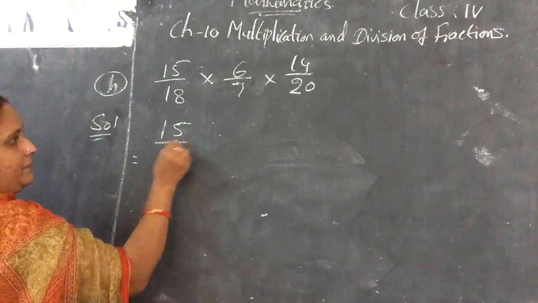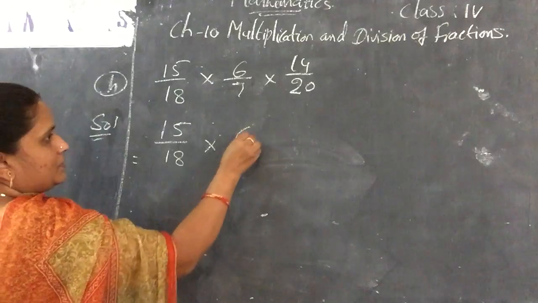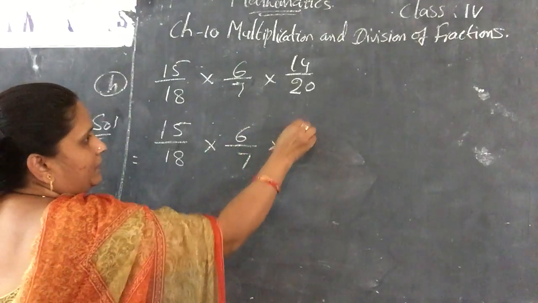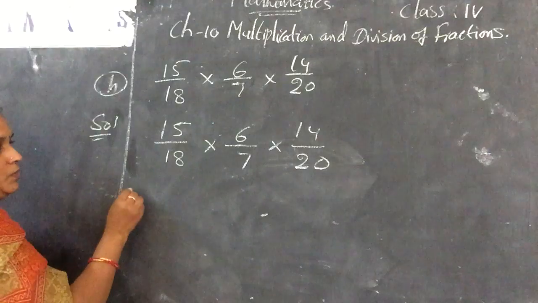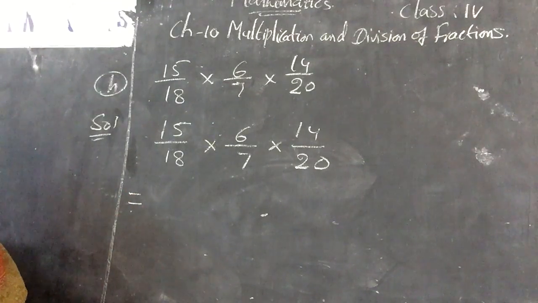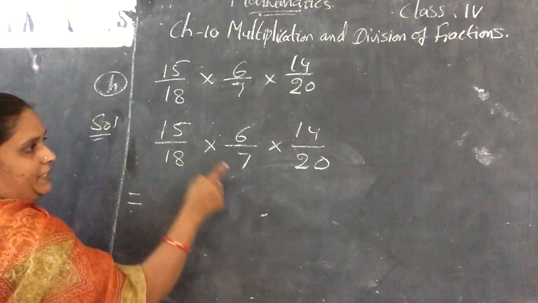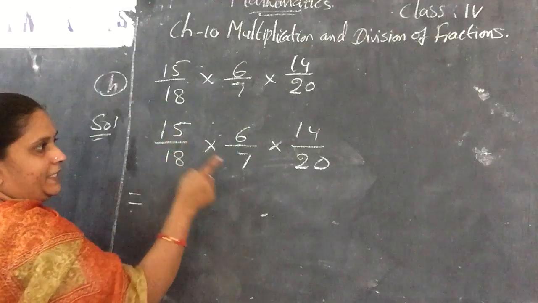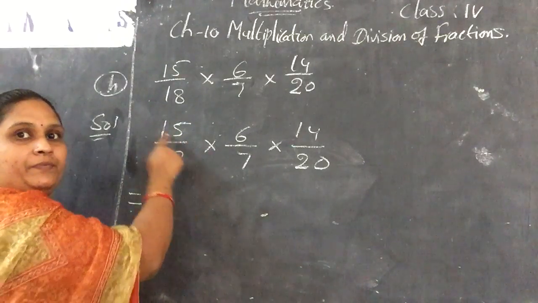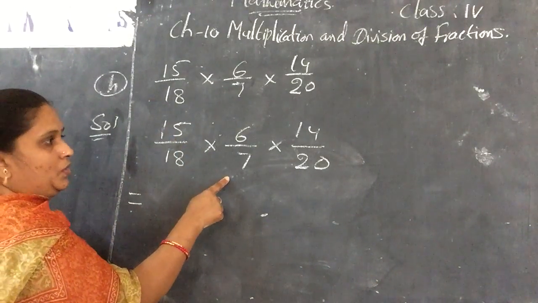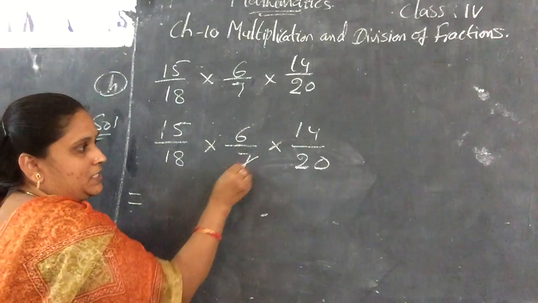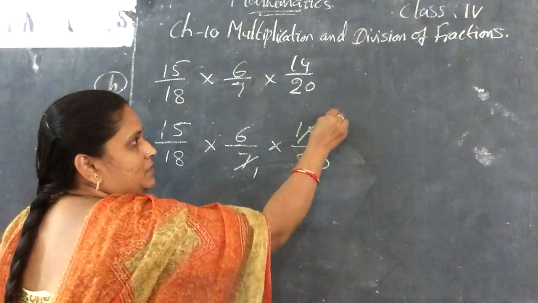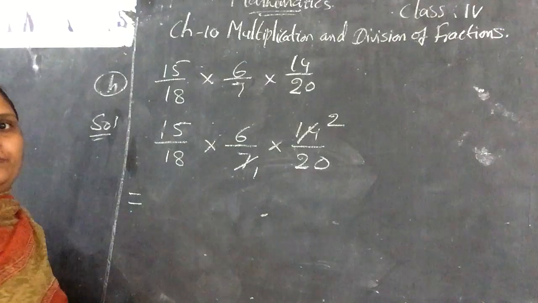Same, you have to write 15 by 18 into 6 by 7 into 14 by 20. Now we can do the cross division. How to do the cross division? 15 and 7, will these two divide each other, children? In 7 table, 15 is not possible. So 7 and 14. Yes, it is possible. 7 1 is 7, 7 2 is 14.